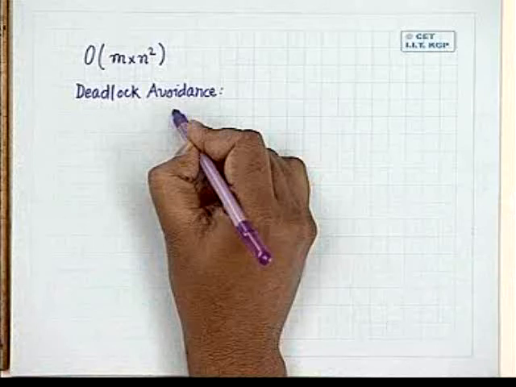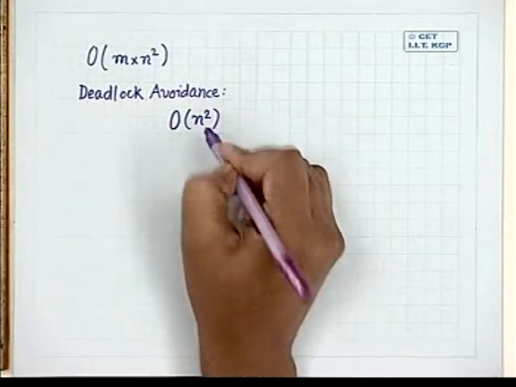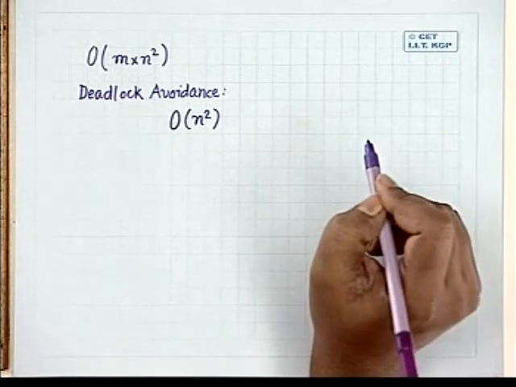So here also, once we make such a graphical representation of the resources and the processes, the request nature, all these things, then the problem is to determine whether there is a cycle in the graph or not. And detection of a cycle in the graph requires a time of order n square, where n is the number of processes.